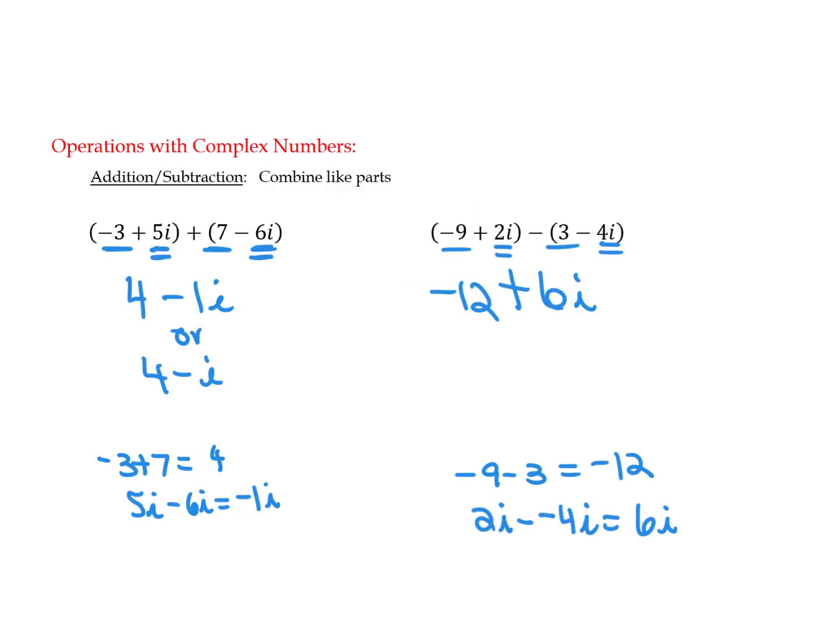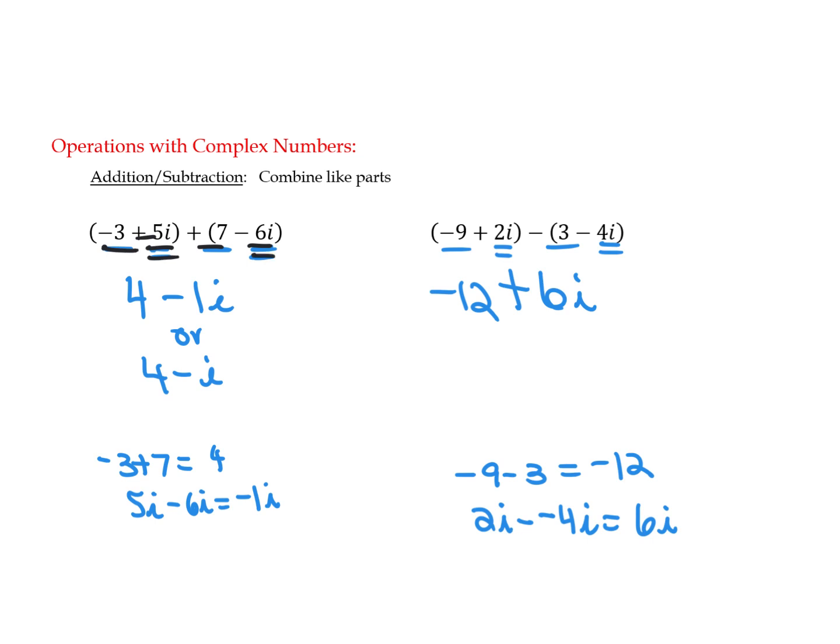All right, we are going to be looking at adding and subtracting complex numbers, and that is simply combining the like terms, the like parts. We have -3 and 7, which are like terms, and we have 5i and -6i.